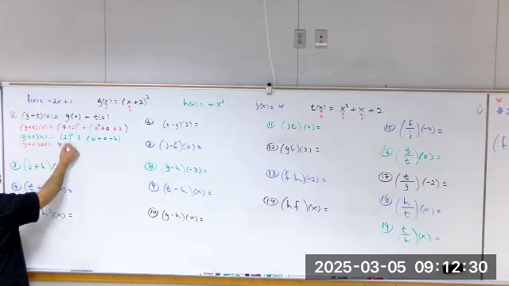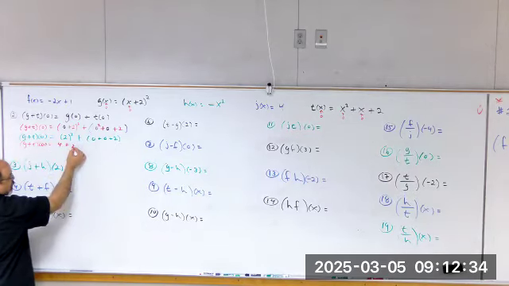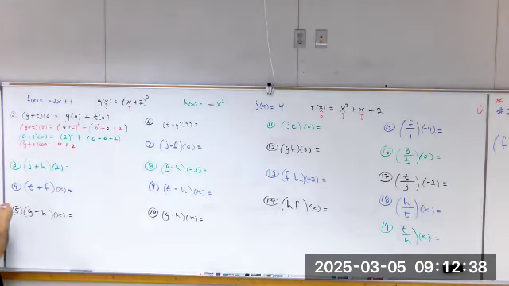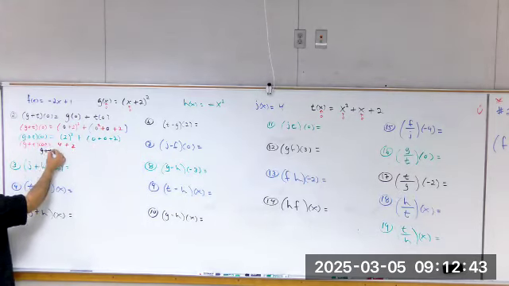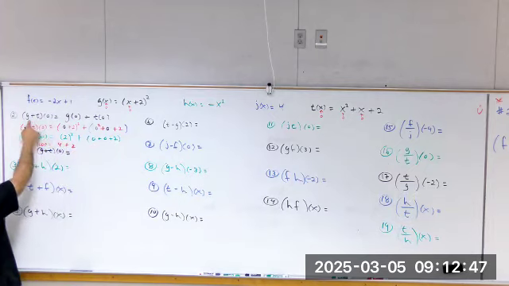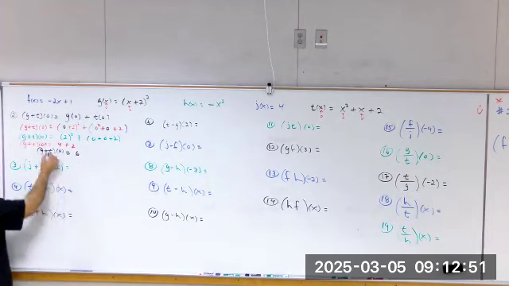I get 4 plus 0 plus 0 plus 2, which is just 6. So G plus T of 0 is just 6. When we plug 0 into the sum of G and T, we get 6.